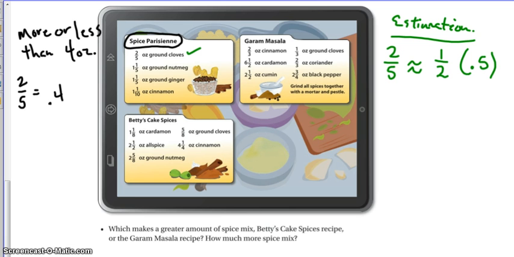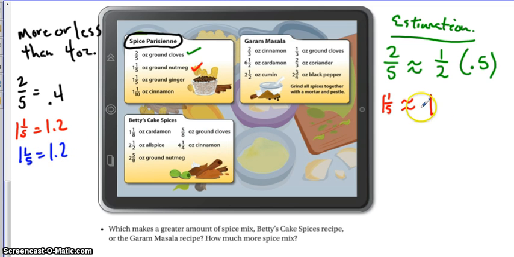All right, let's go over here and let's take a look at 1 1/5 ounces of ground nutmeg. So I know that 1 1/5 is going to equal 1.2. Well, if I'm using my rounding strategies, 1 1/5 is going to round down to 1. So I'm going to say that 1 1/5 is approximately equal to 1. Let's do the same thing with the ground ginger. Again, we have 1 1/5, and that would equal 1.2.